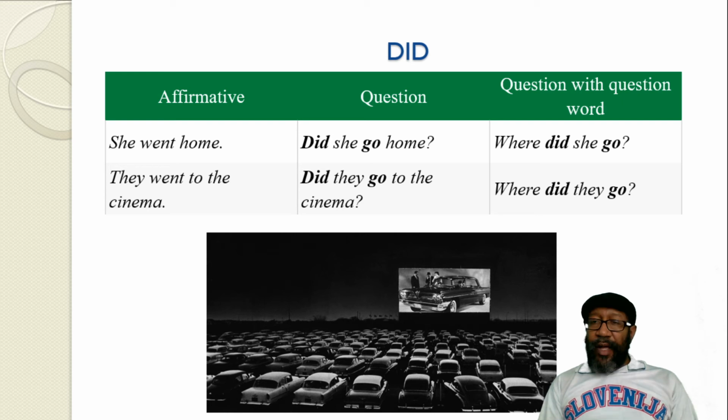And then we have the question word, where did she go? And the other affirmative, they went to the cinema. So the question, did they go to the cinema? And with the question word, where did they go? Right? And here we have a picture of a drive-in cinema that was very common in the previous century, but nowadays it's coming back because of the pandemic time.